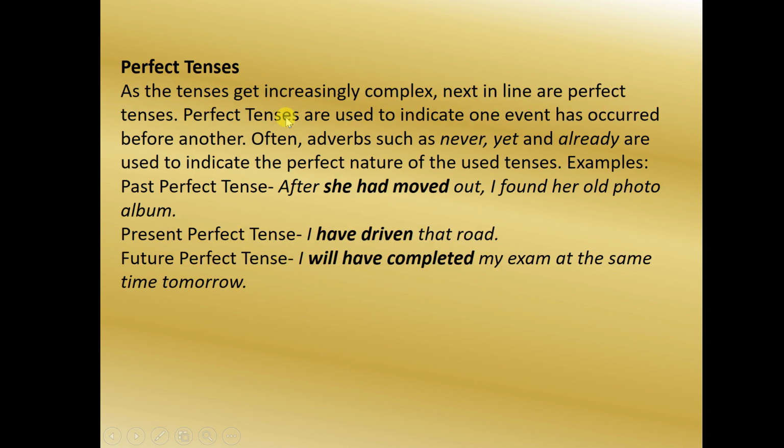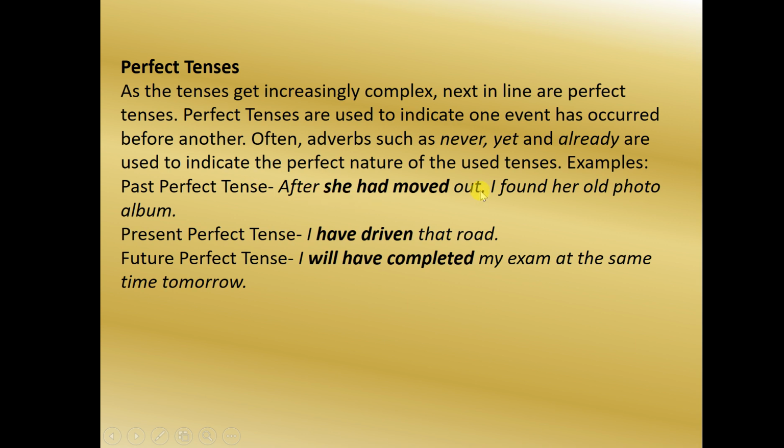Perfect tenses. As the tenses get increasingly complex, next in line are perfect tenses. Perfect tenses are used to indicate one event has occurred before another. Often, adverbs such as never, yet, and already are used to indicate the perfect nature of the tenses. Examples, past perfect tense.